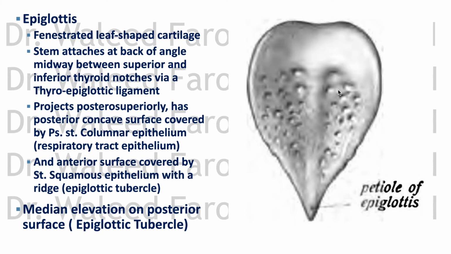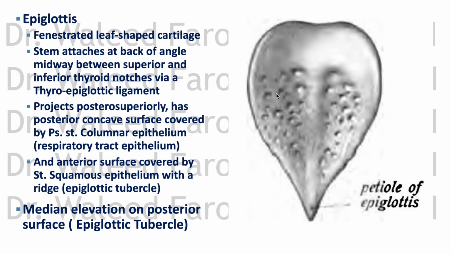With its anatomical position, it has a posterior or postero-inferior surface, this one. It has on the other side the anterosuperior surface that faces the oral cavity. So you have a postero-inferior surface facing the laryngeal inlet. You have an anterosuperior surface facing the oropharynx.